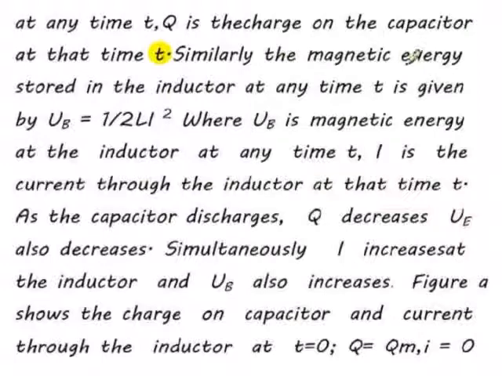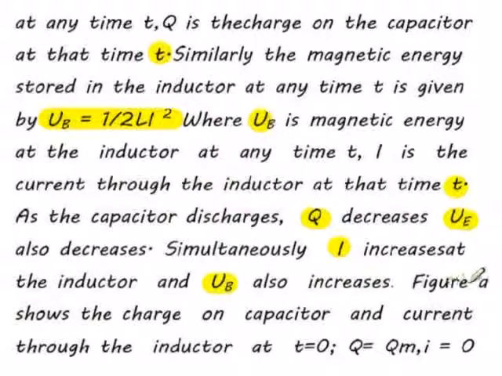Similarly, the magnetic energy stored in the inductor at any time t is given by UB equal to half L i square, where UB is the magnetic energy at the inductor at any time t, and i is the current through the inductor at that time t. As the capacitor discharges, Q decreases, so UE also decreases. Simultaneously, i increases at the inductor and UB also increases.